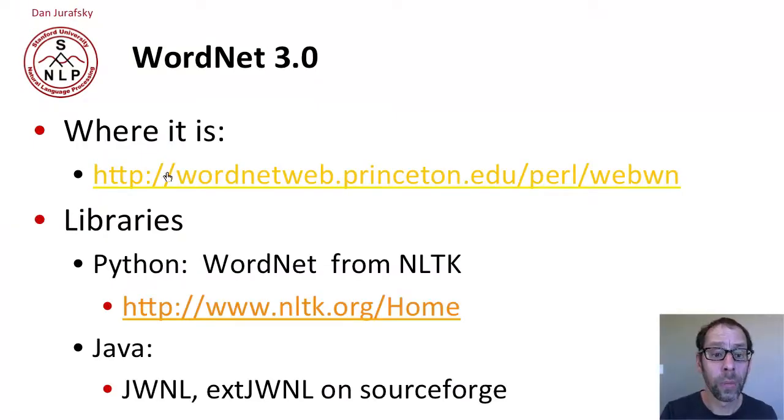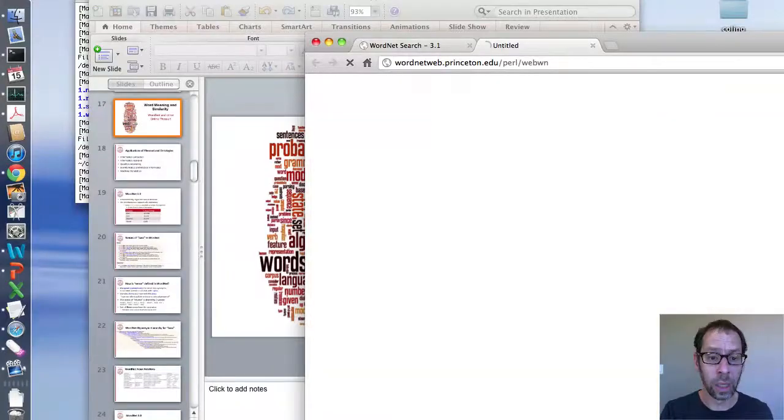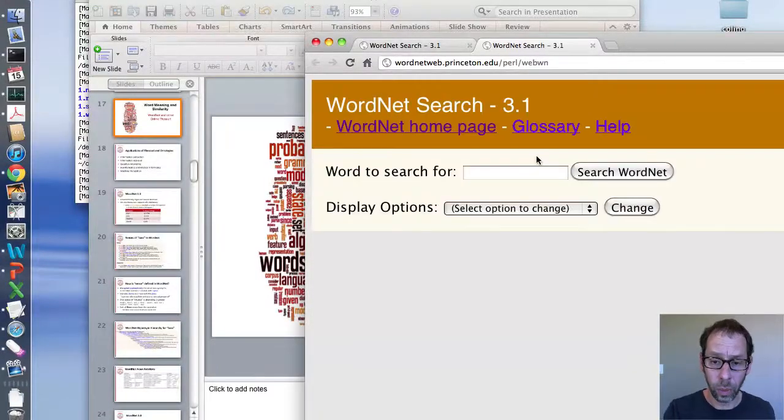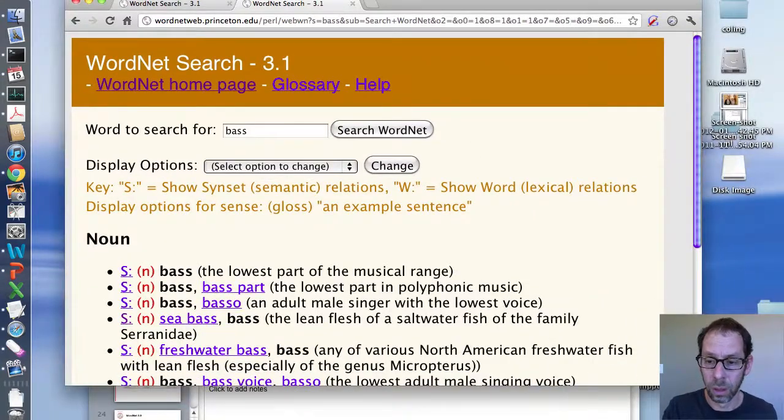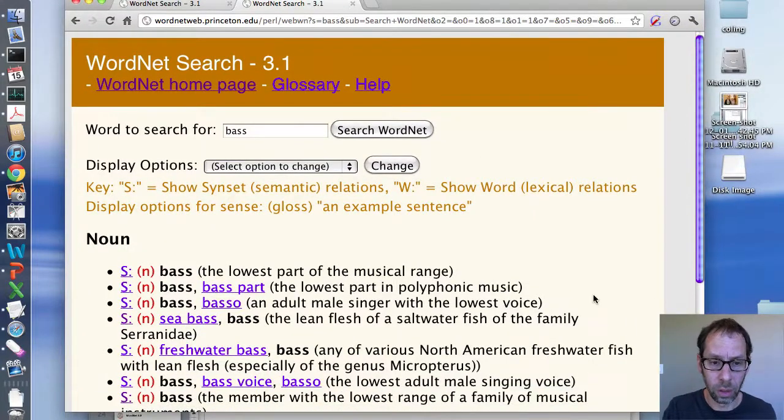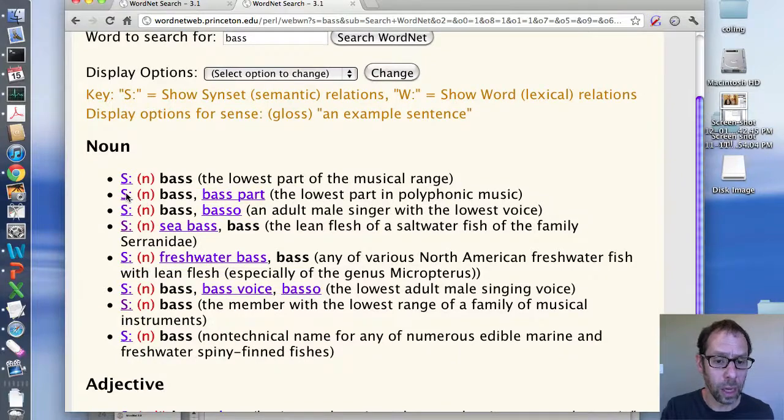Now you can look on the web for WordNet. Here it is. So we can look for the word bass. And sure enough, there it is. There's our senses of bass, and we can click on one of them. Let's click on one of the fish.